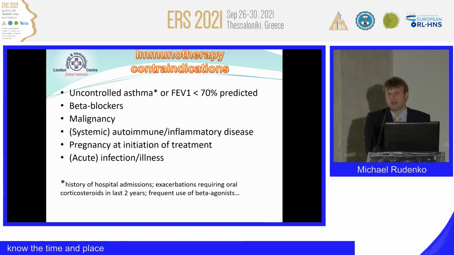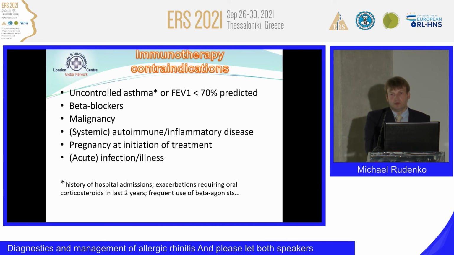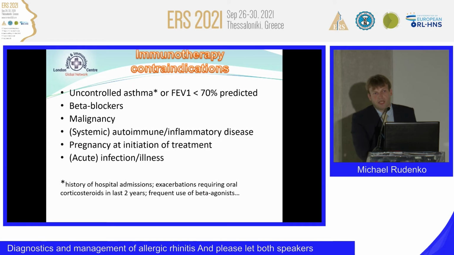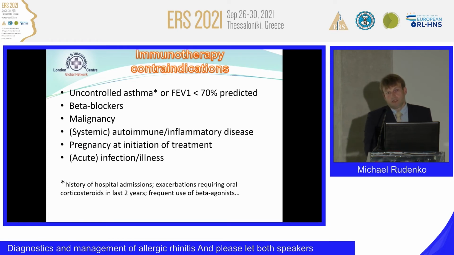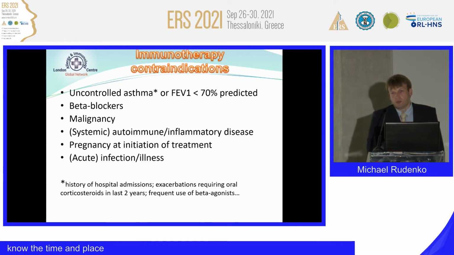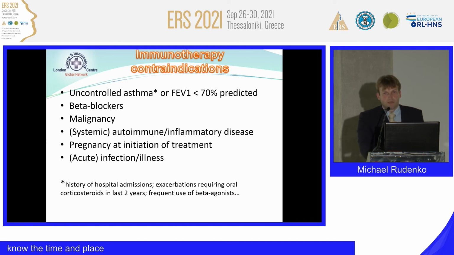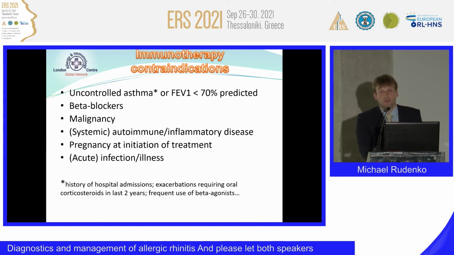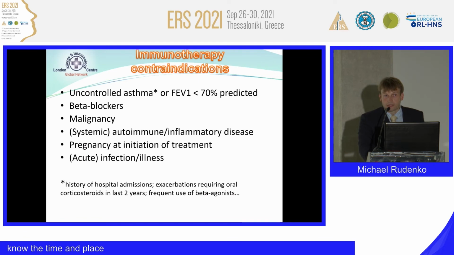It's pregnancy. We do not start any form of immunotherapy when the patient is pregnant, but we obviously continue it without any problems if they get pregnant during the course of the treatment. And you do not start it in case of acute illness.